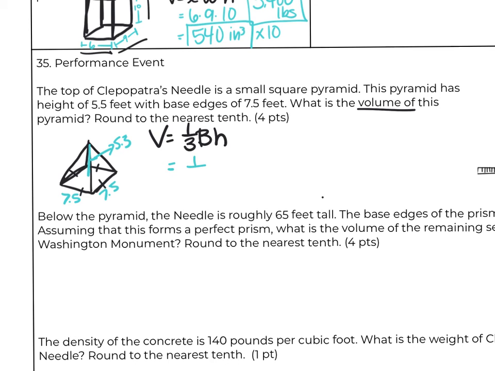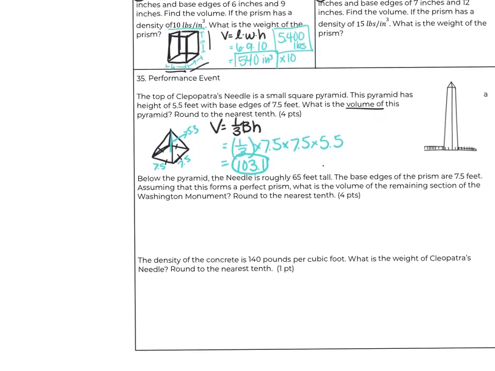So I'm going to do 1/3 times 7.5 times 7.5 times 5.5. Get 103.1, and that one is actually done.